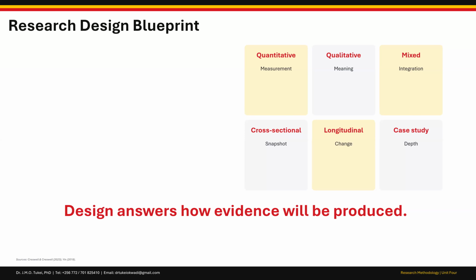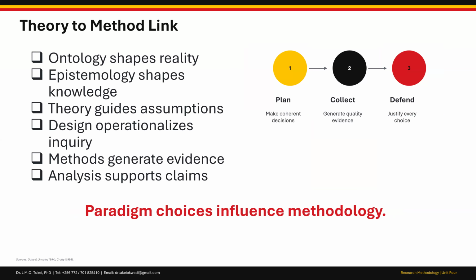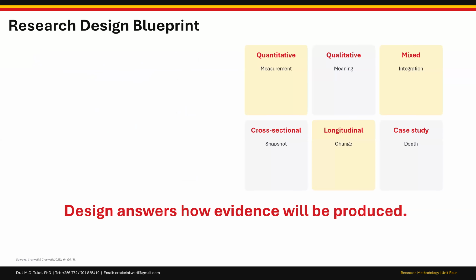Designs answer how evidence will be produced. Colleagues, this is very important. We have types of research designs, and they are quite a number. I want you to understand this, because you look at this and say, but what is this again?